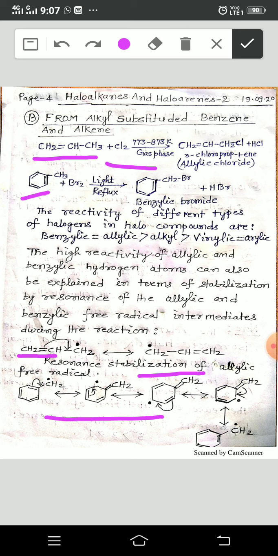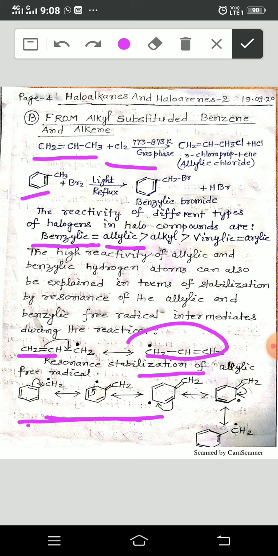Preference will be given to such type of reaction. That's why benzylic free radical gets stabilized through this resonance structure, and allylic radical gets stabilized through these two resonating structures.